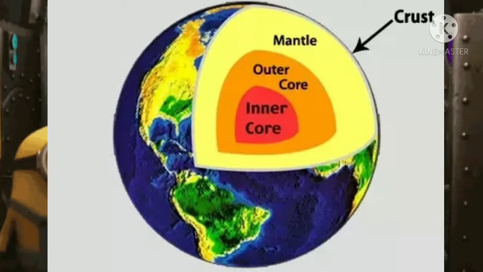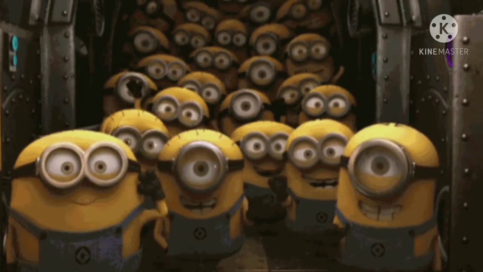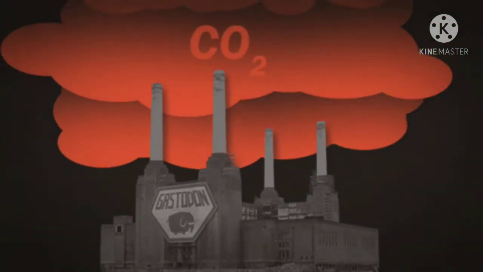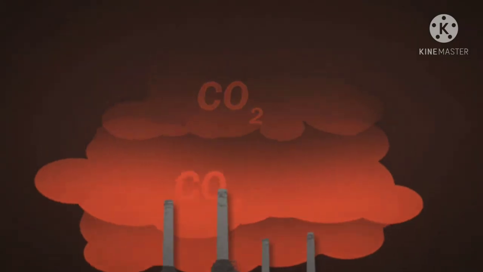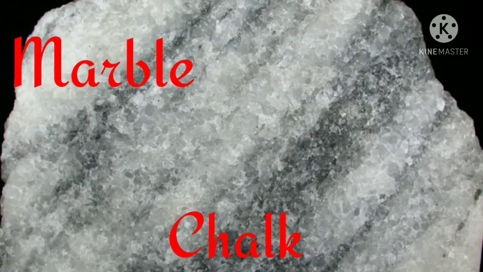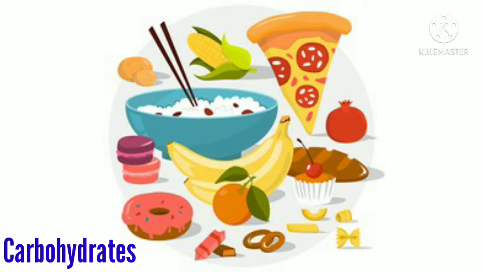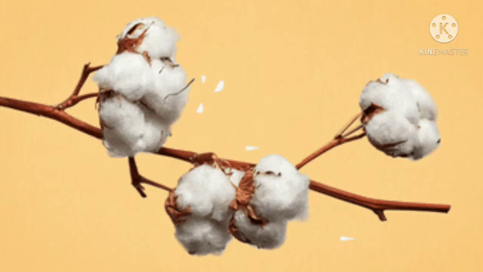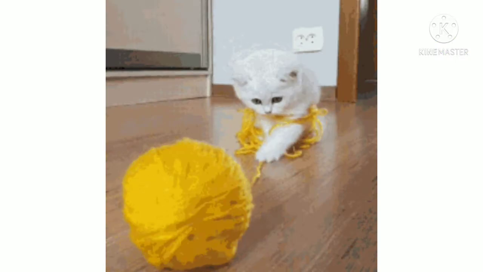Mostly it occurs in the combined state in the form of compounds such as carbon dioxide gas in air, carbonates like limestone, marble and chalk, fossil fuels like coal, petroleum and natural gas, organic compounds like carbohydrates, fats, proteins and wood, cotton and wool, etc.